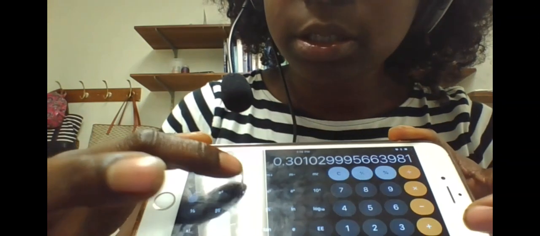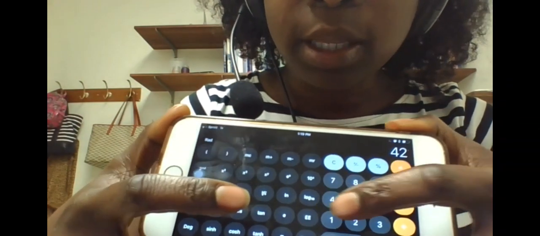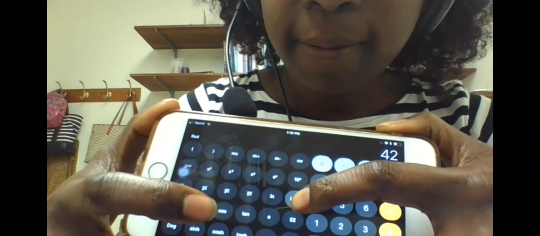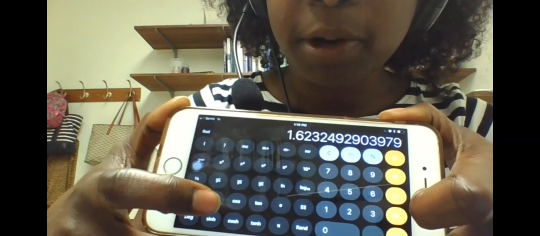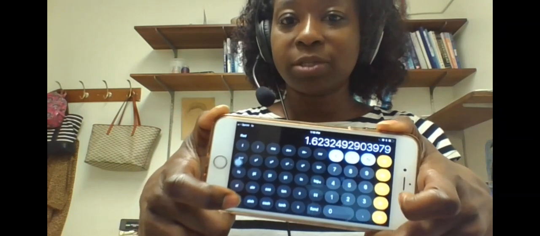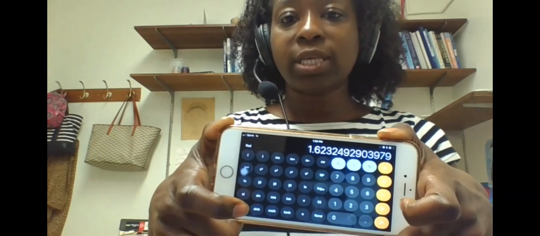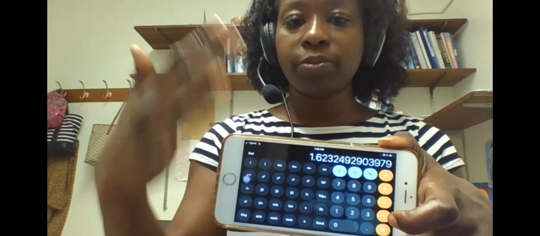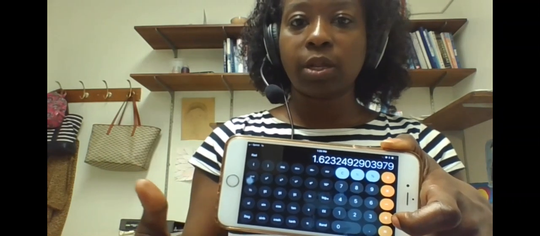Any number that I want, I'll just punch it in. Let's punch in 42, and if I hit log 10, it'll give me the log of that number. That's how it works for iPhones. I'm not sure how it works on Androids, but I'm sure it's pretty similar. If you have a scientific calculator, I'm sure you have that log function as well.